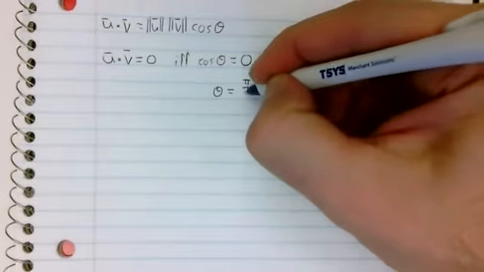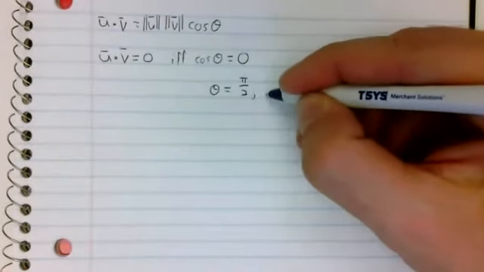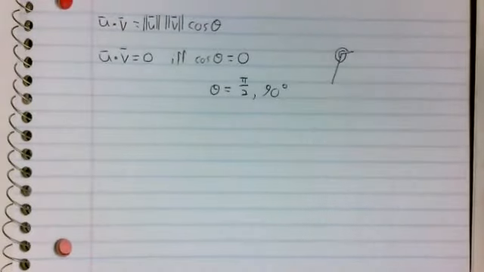And that's if theta is pi divided by 2 radians or 90 degrees.